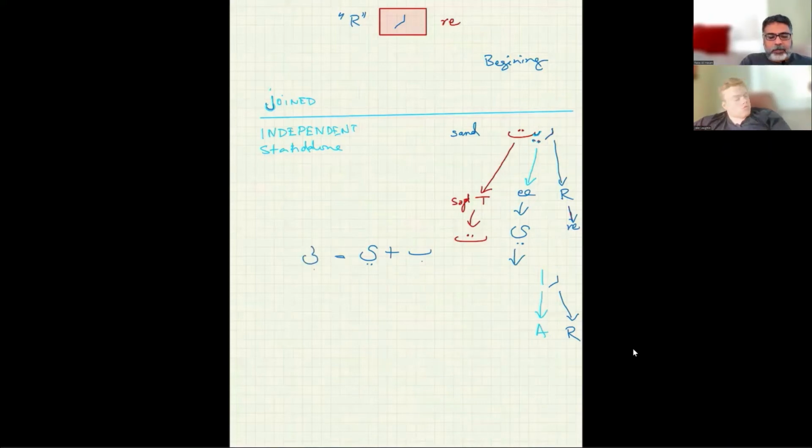And then we put the dot here and this became B. Be is the actual word. This is Be and this is Choti Ye.